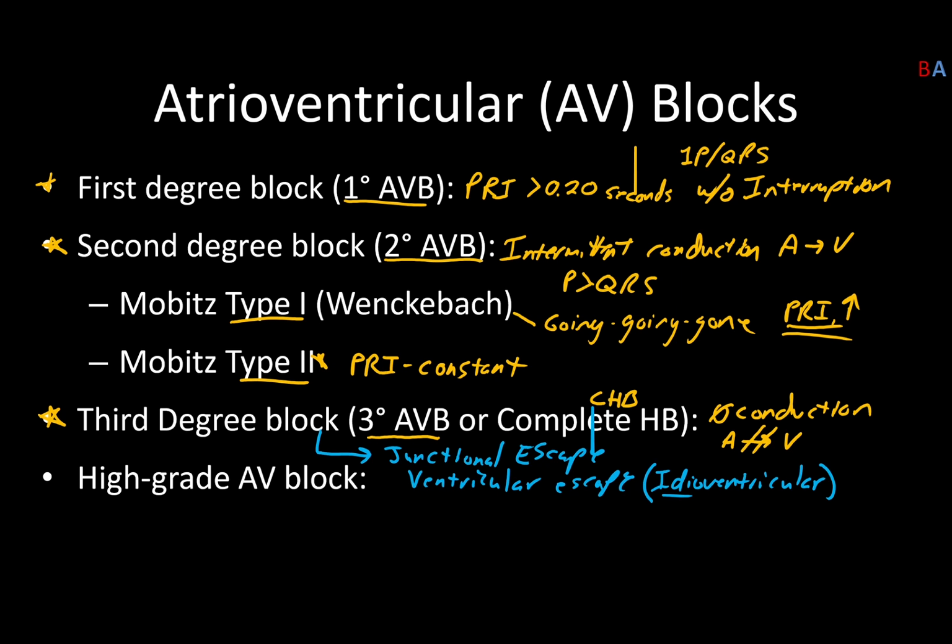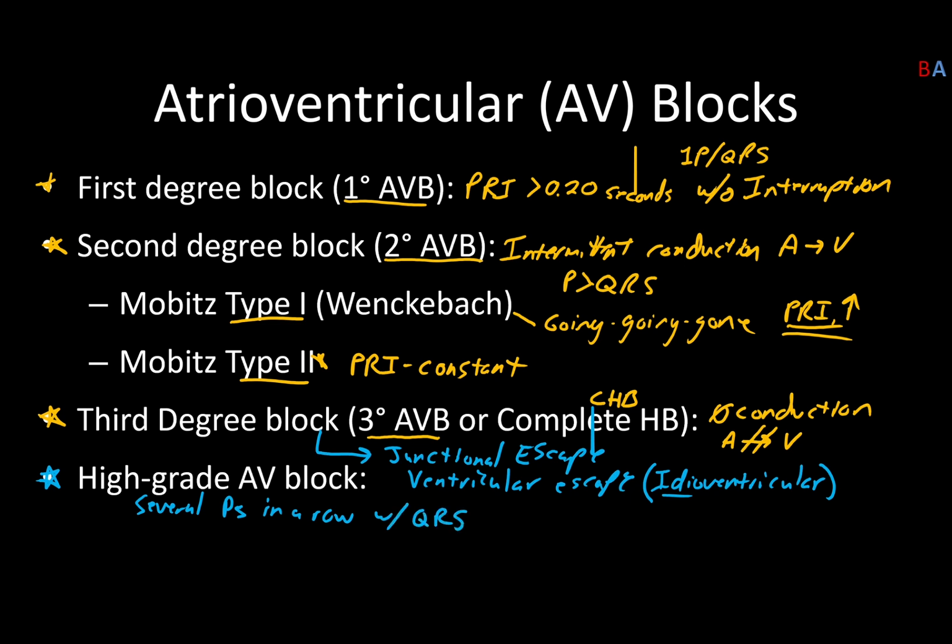The other thing that we're going to spend some time on, because it's really interesting, is the high-grade blocks. And that's where you have several P's in a row without any QRS.